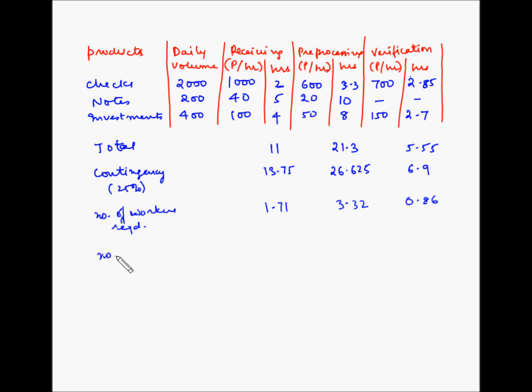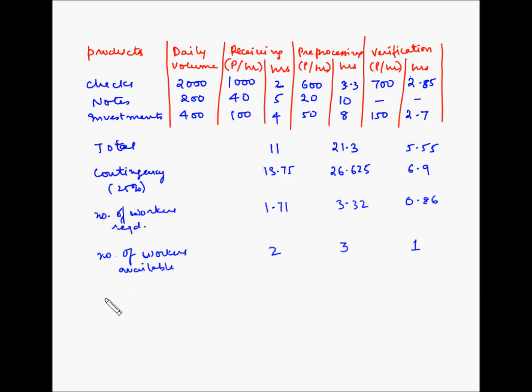Now next is number of workers available. So for receiving, let's say the bank has 2 workers. For pre-processing they have 3, and for verification they have 1.